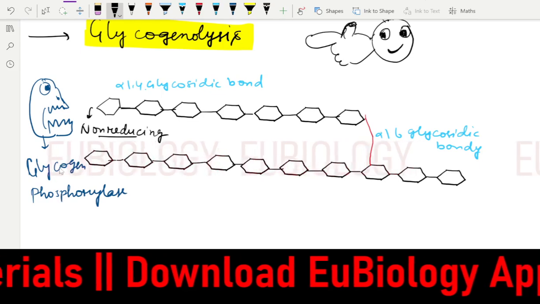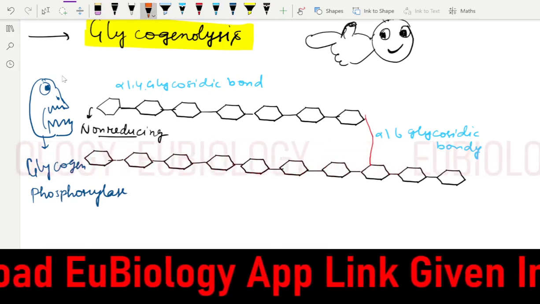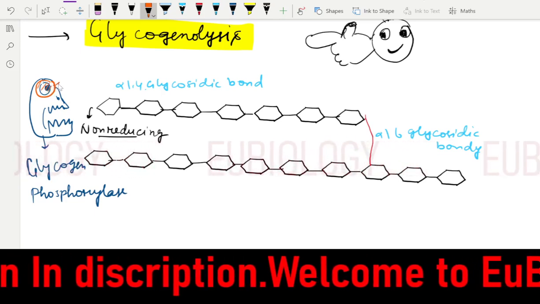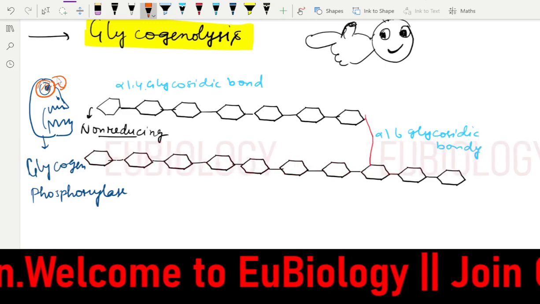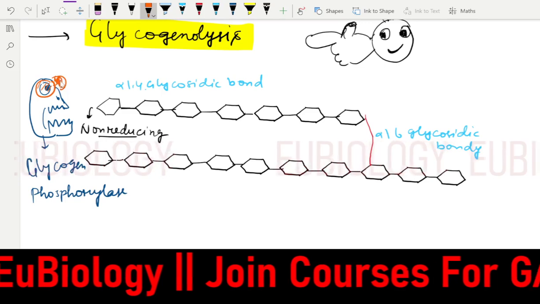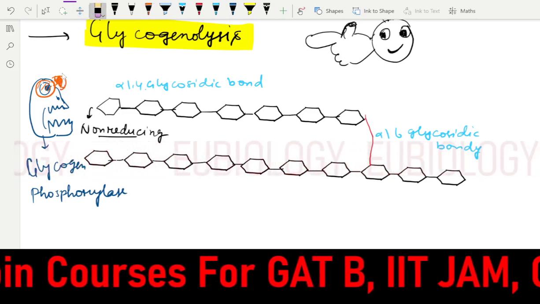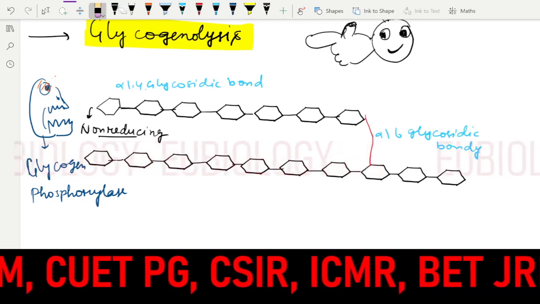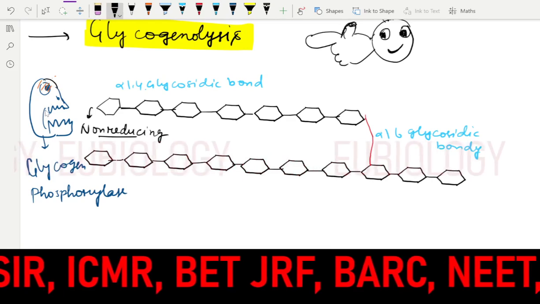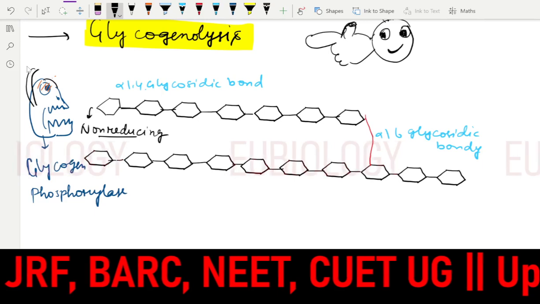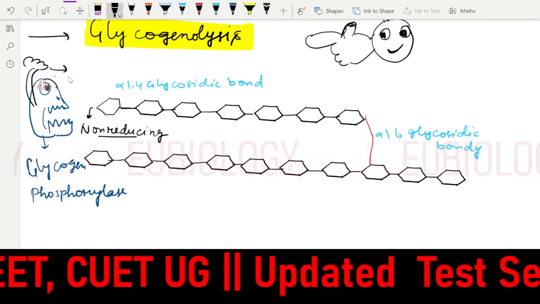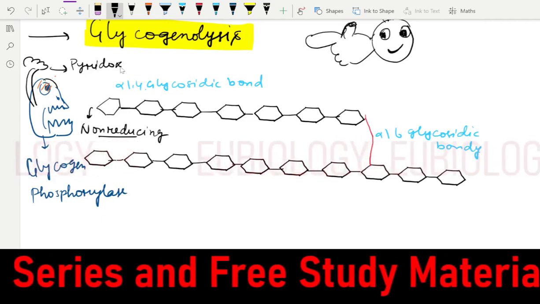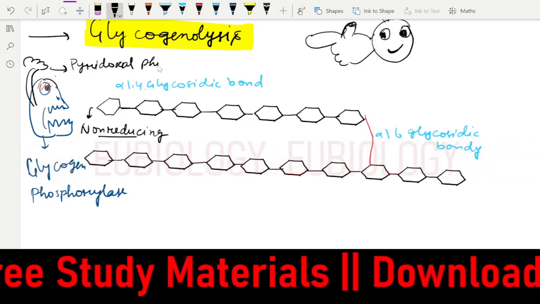For its activity it requires something called pyridoxal phosphate.